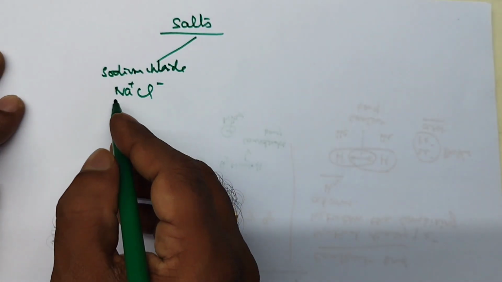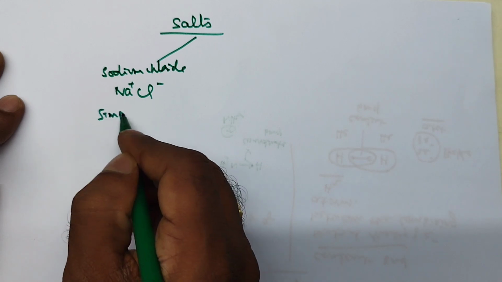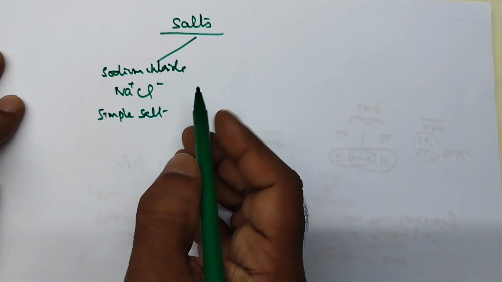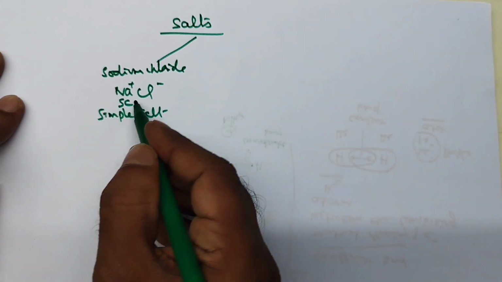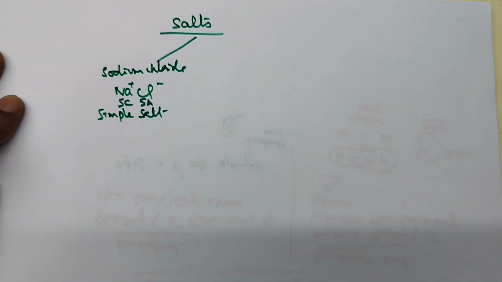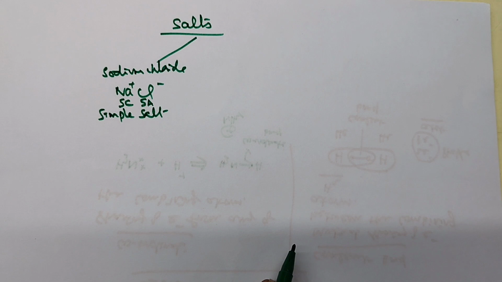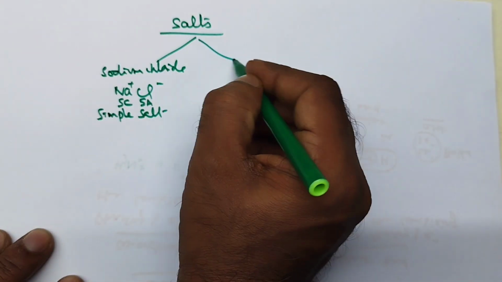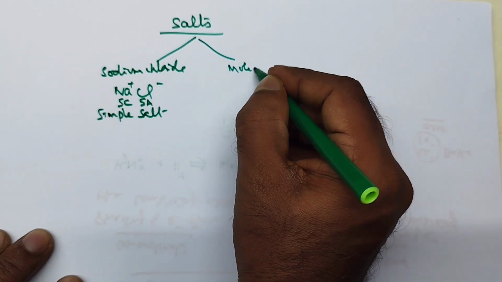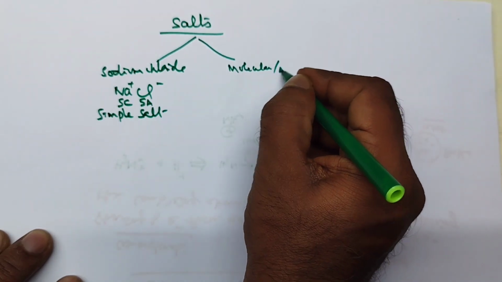Normally this is called a simple salt, that means it contains only a simple cation and simple anion. The other kind is the addition or molecular compounds.